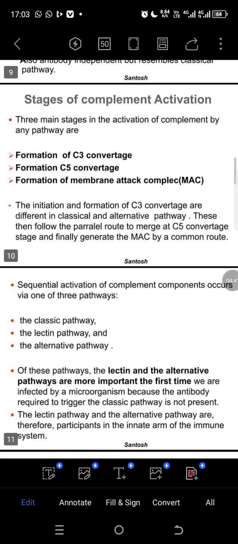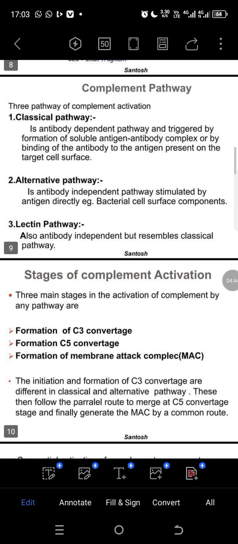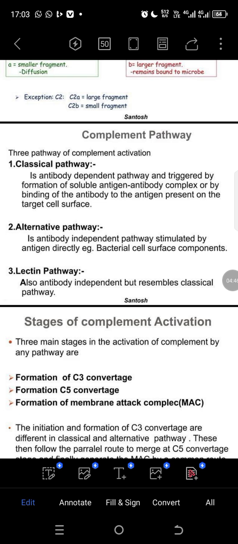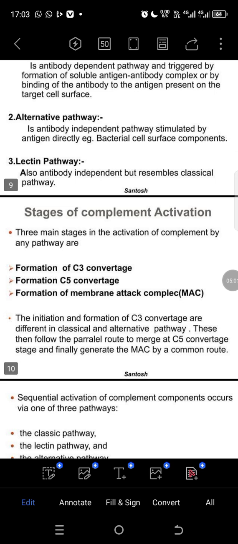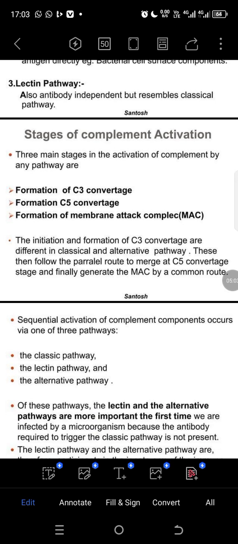So now, in looking at the complement system, we look at each of these pathways and how it's going to get rid of the infections. We look at the classical pathway, we look at the alternative pathway, we look at the lectin pathway. Three main stages in the activation of the complement system by any pathway are: 1.